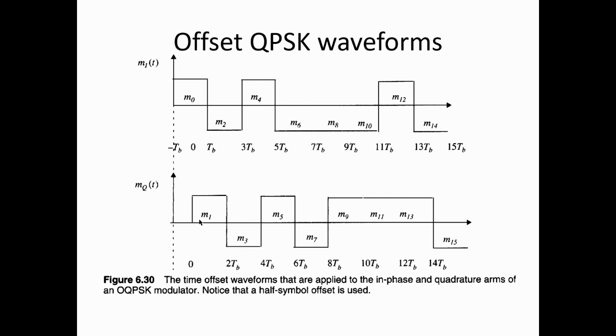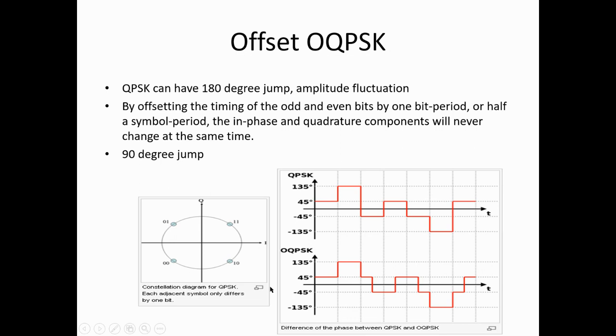It reduces the non-linear effect because of the reduction in the phase shift, so this has a higher advantage than the conventional QPSK. Now if you change the 2 bits, it provides only a 90-degree jump instead of a 180-degree jump. The fluctuation remains only 90 degrees, not 180 degrees, in the in phase as well as quadrature phase component.